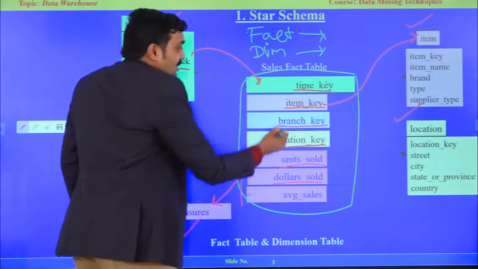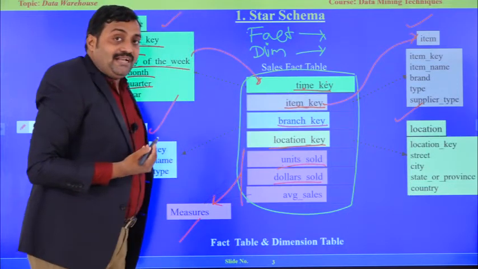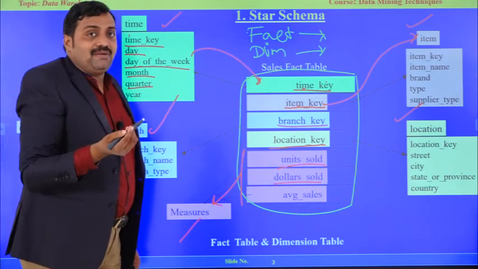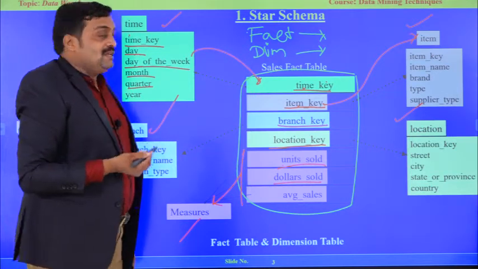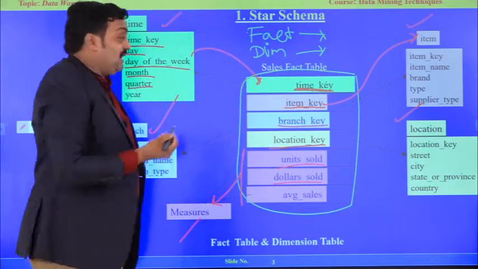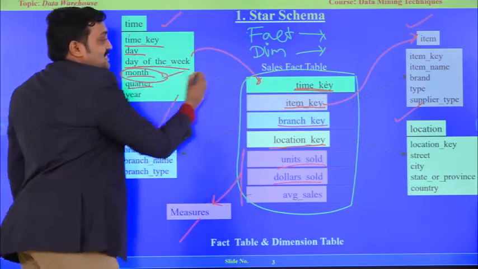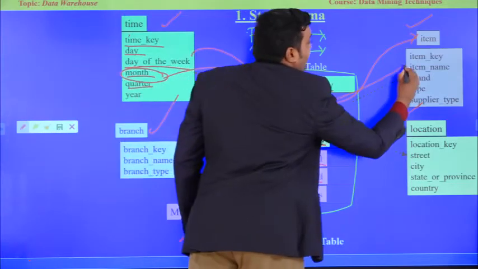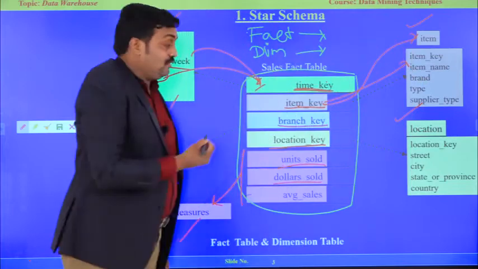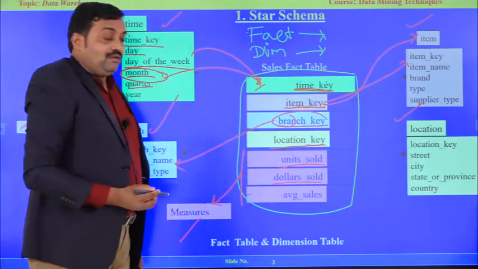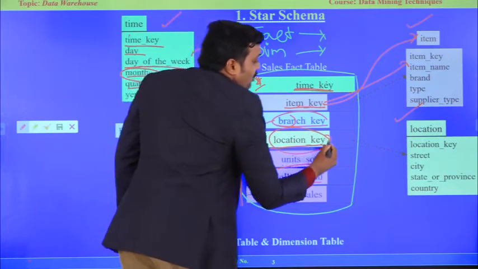See, suppose I want to know a particular branch's sales report for a particular week. I have no need of all the data, because from the time key I can get a particular month's sales. From the item table I get a particular item, from the branch table a particular branch, and from the location table a particular location.